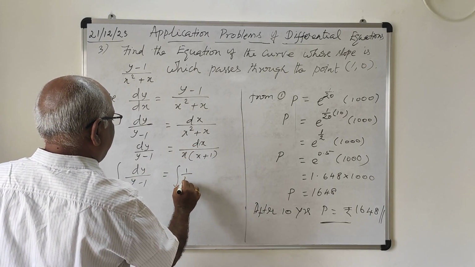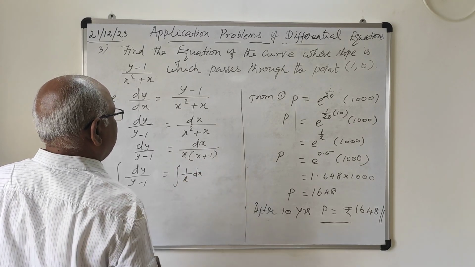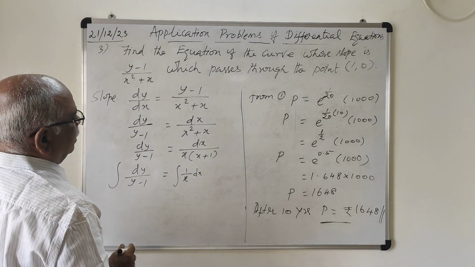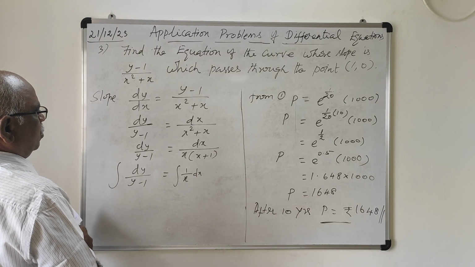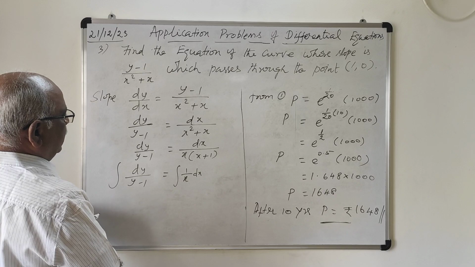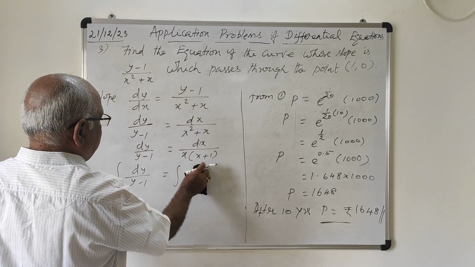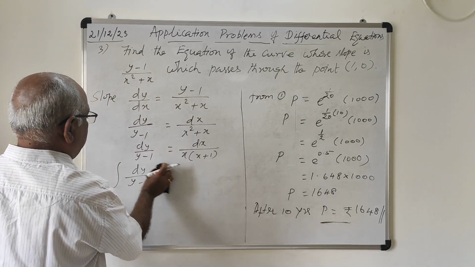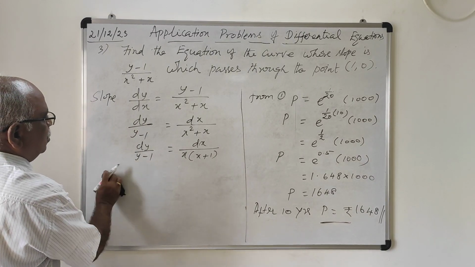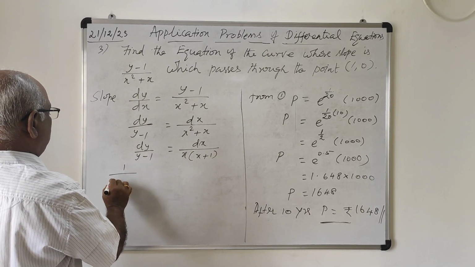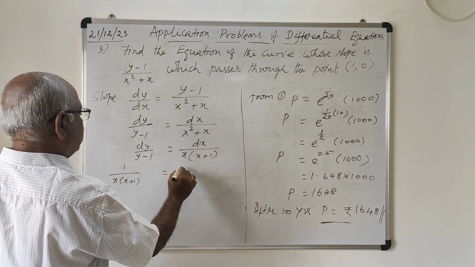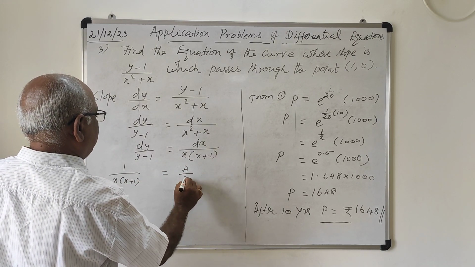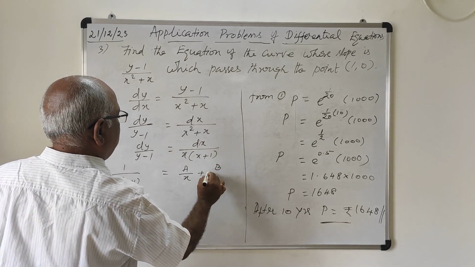Integral of 1 by x dx. You consider the right hand side integral, 1 by x into (x plus 1), and split it into partial fractions, a by x plus b by (x plus 1).